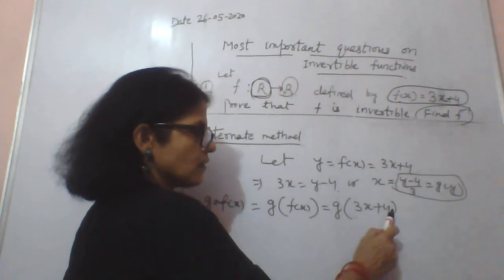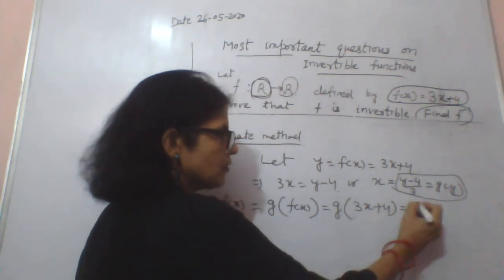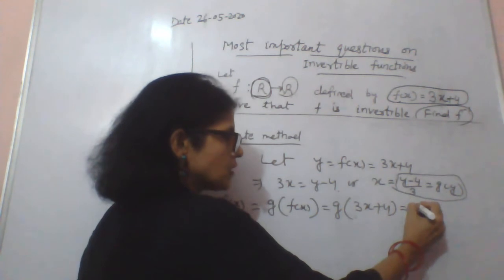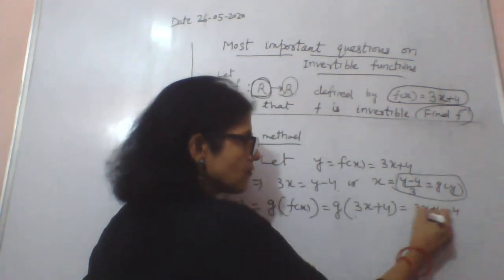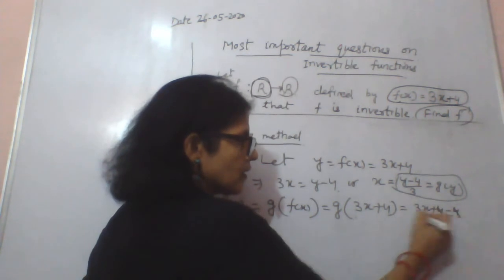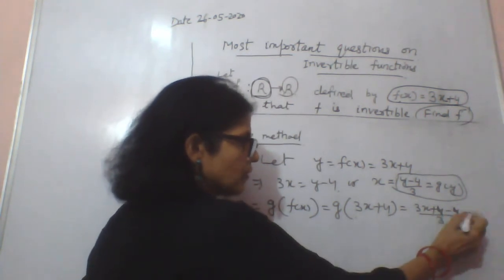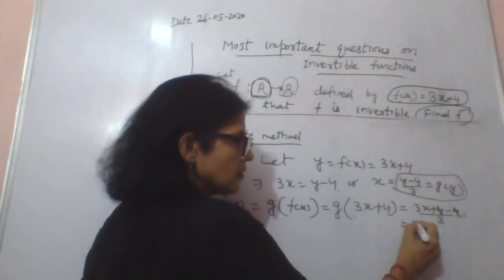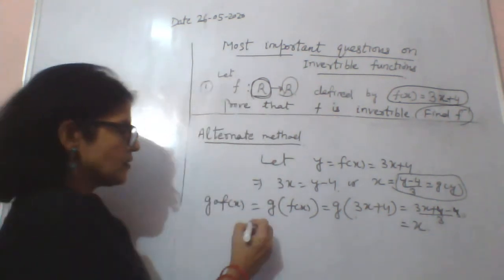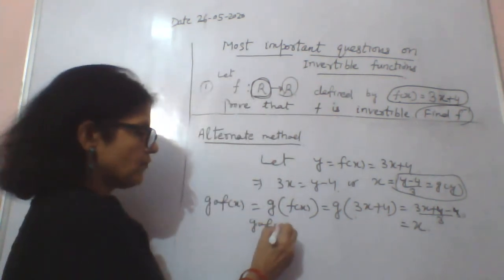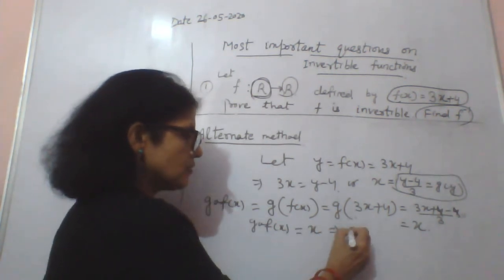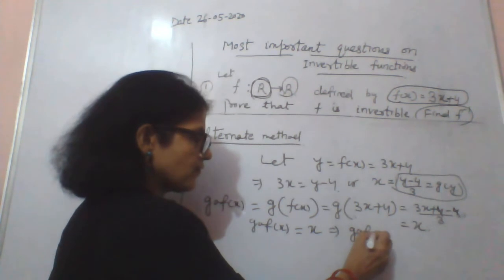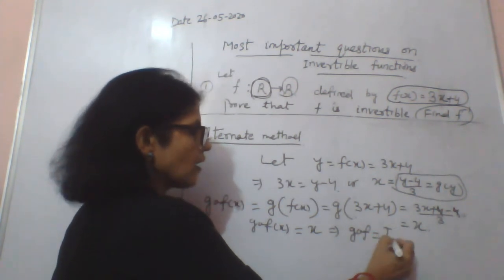So g(3x plus 4) is equal to, this y will be replaced by 3x plus 4, minus 4, by 3. You are getting 3x by 3 equal to x. It means g of f(x) equal to x, which implies g of f is I_x.